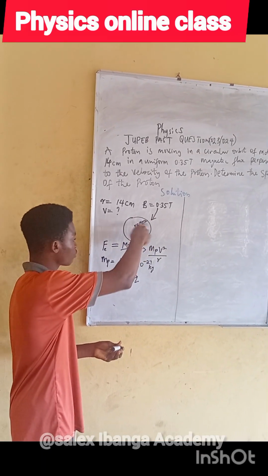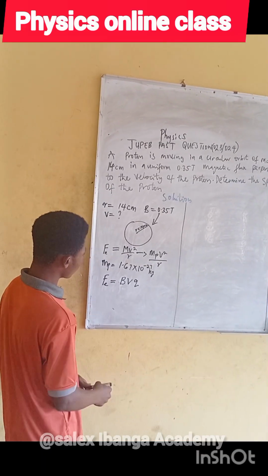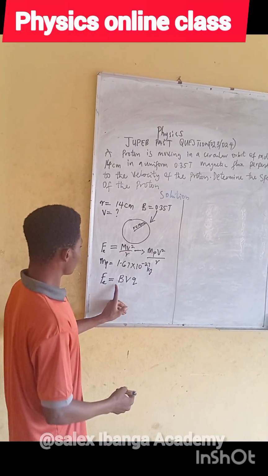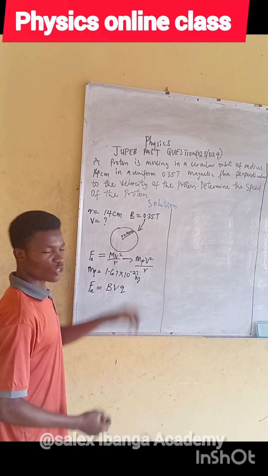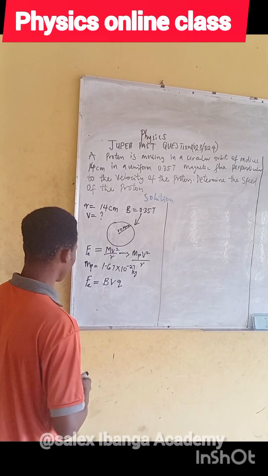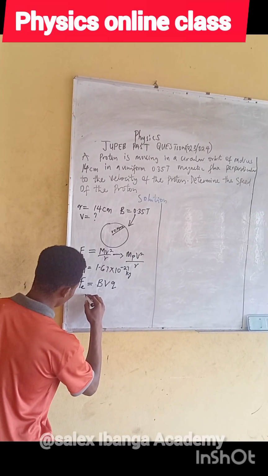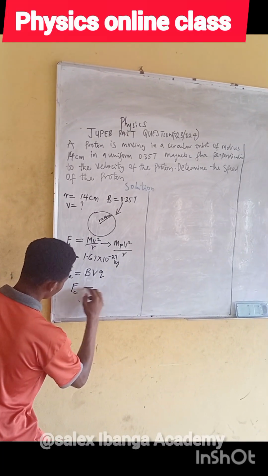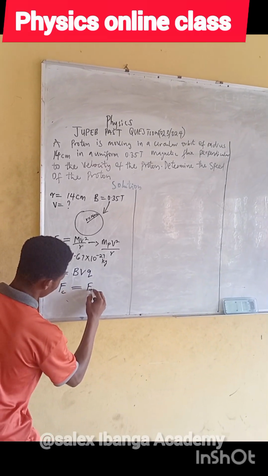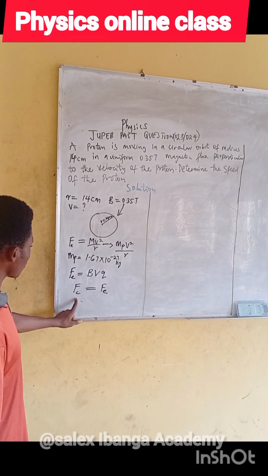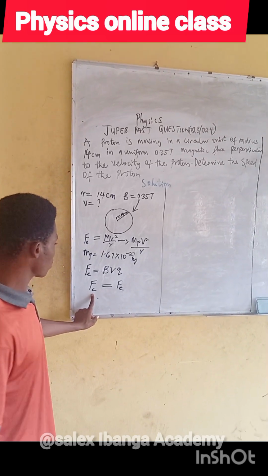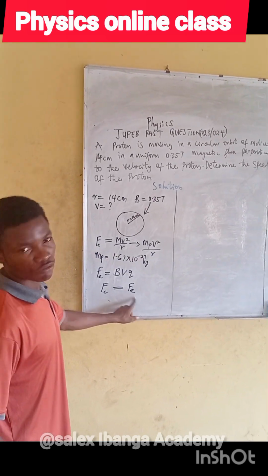Since both forces are acting at this point, I can quickly say that the centripetal force equals the magnetic force. That means centripetal force equals the force from the magnetic field.